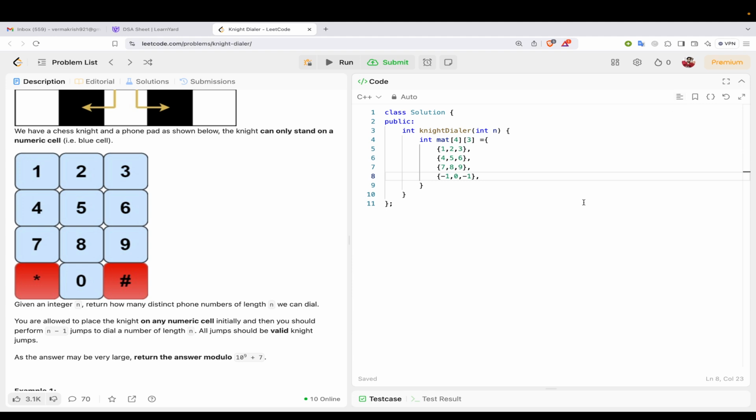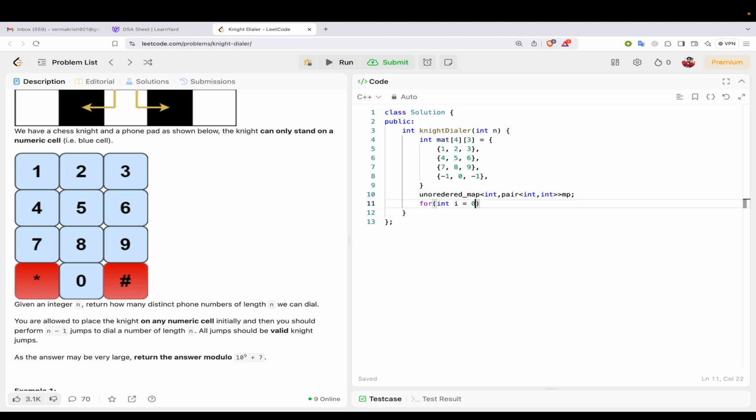Now the second thing, we have to know the coordinates of these numbers. For that I will create an unordered map of int and pair. The pair will store the indices. So let's say MP.